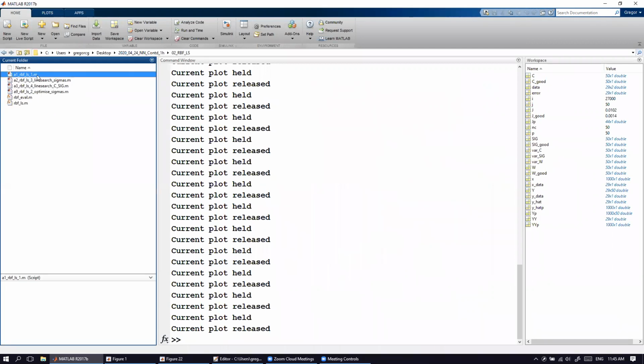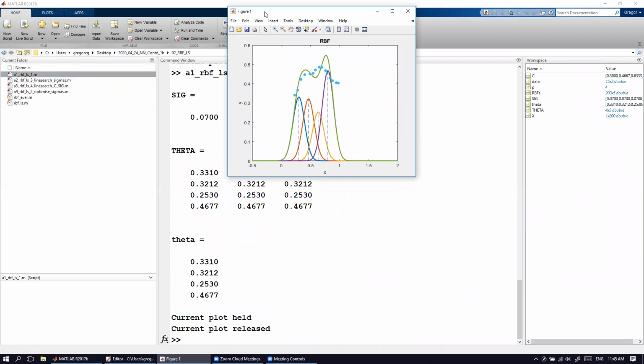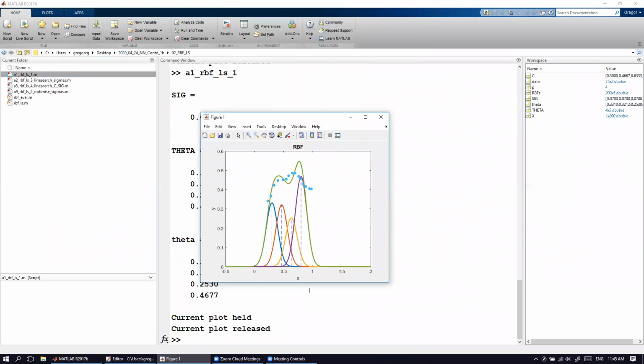So now, here I have the one run where we just placed the centers equidistantly across the operating region. So one is here, one is here, one is here, one is here.